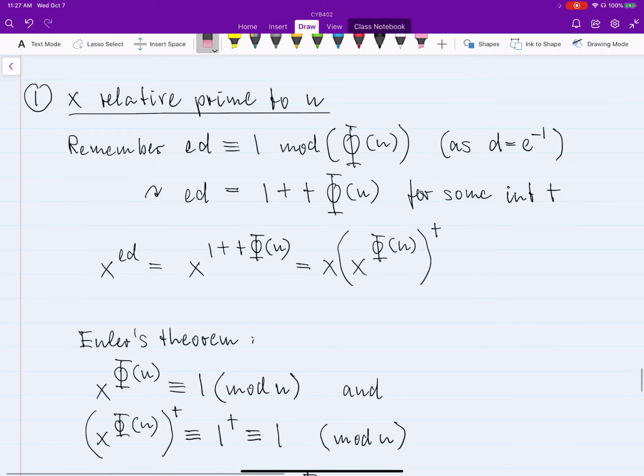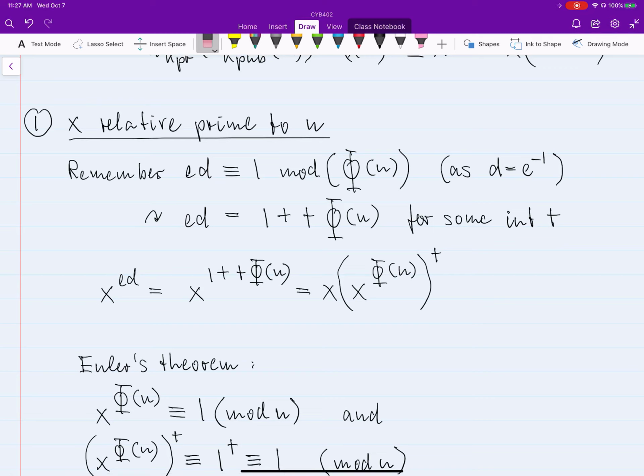So remember that the way we derived e and d had to do with the fact that d is actually the inverse of e. So e times d is congruent 1 modulo phi of n.